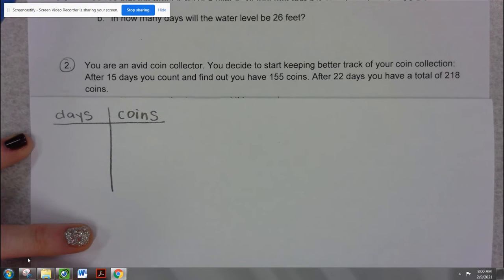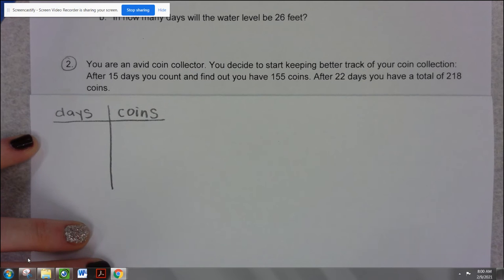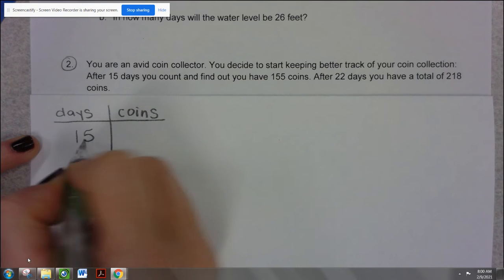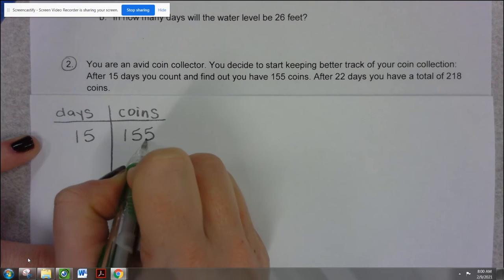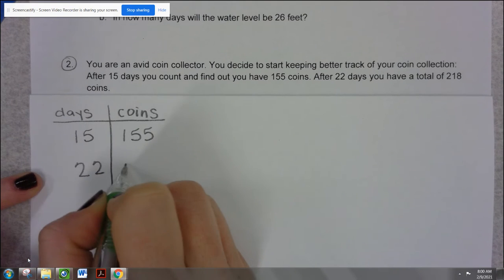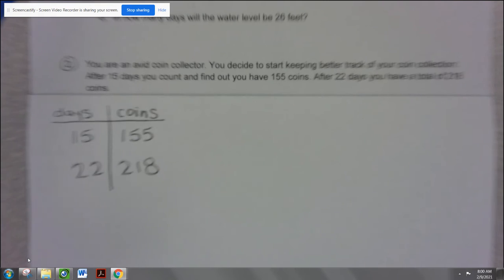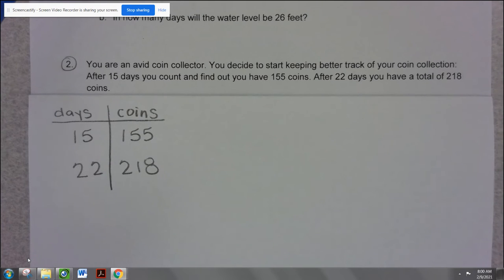So that tells me I cannot use any form right now until I figure out what I actually have, and then I can find coins per day. So after 15 days, I've saved 155 coins or collected 155 coins. After 22 days, I have 218 coins. I see two different points right now. That tells my gut that I need to do point slope form.